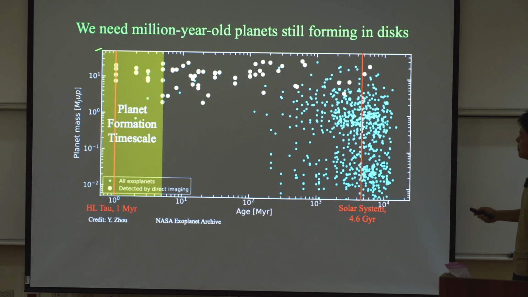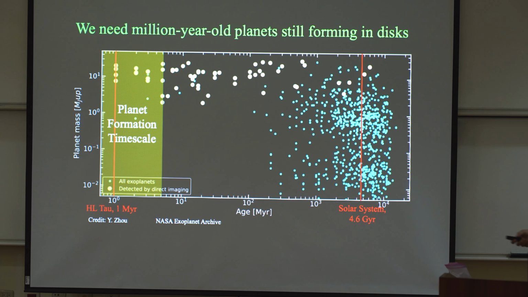You may say, okay, there are a few guys out here. It's true, a few planets have been discovered, but they're really massive. They're on the order of 10 Jupiter masses. They're probably the outliers of planet formation, and they tell us something, but that's not the general outcome. So we need planets here, but we can only find planets here. So what do we do?